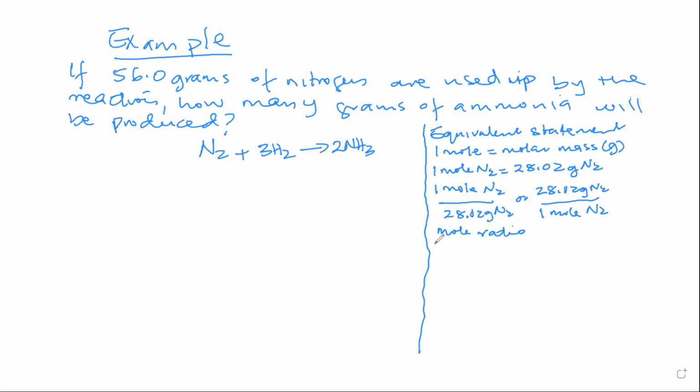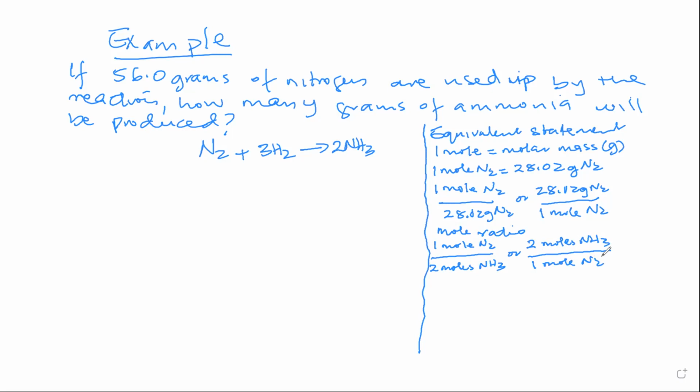From this equation, it will be 1 mole of nitrogen over 2 moles of ammonia, or 2 moles of ammonia to 1 mole of nitrogen.